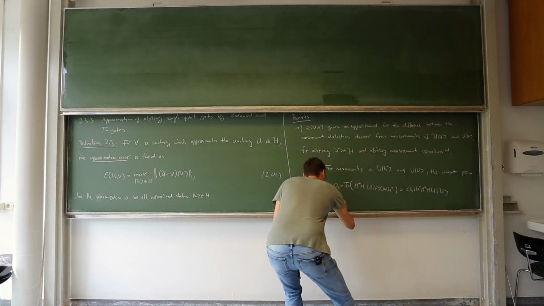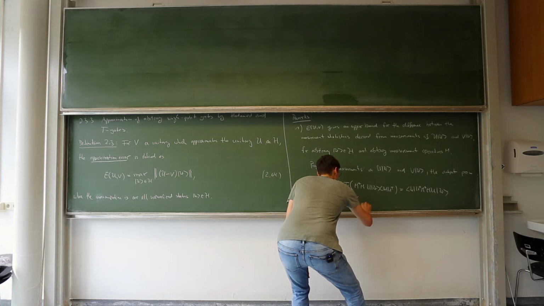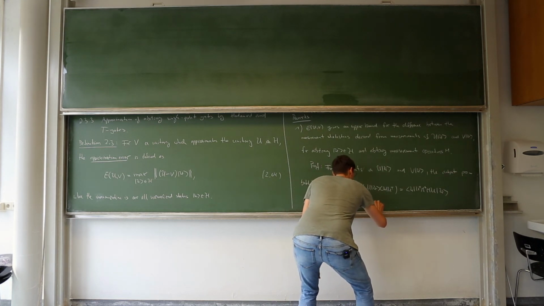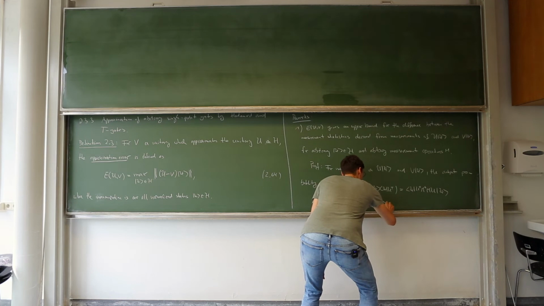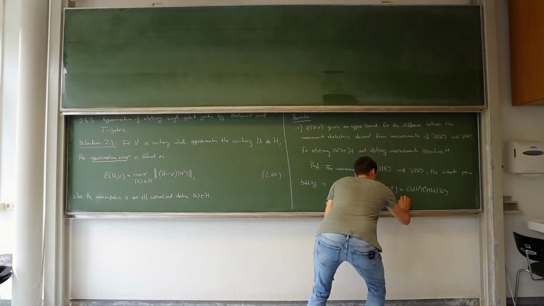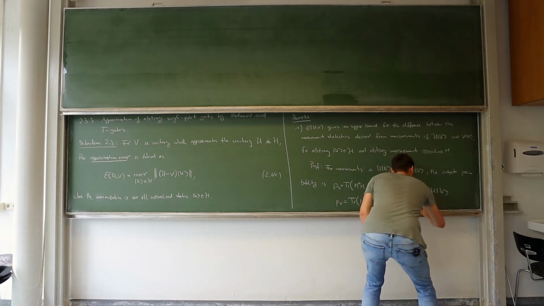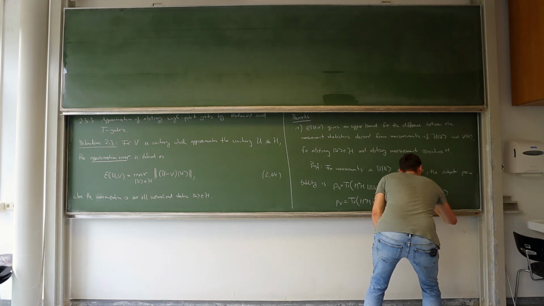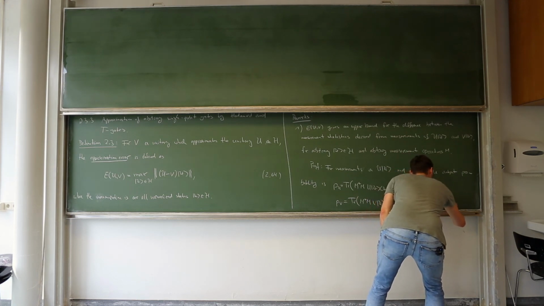And for V similarly, it's the trace of M dagger M V psi psi V dagger, which is psi V dagger M dagger M V psi.